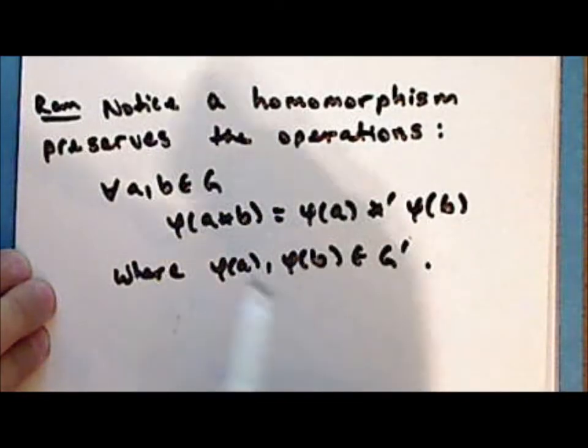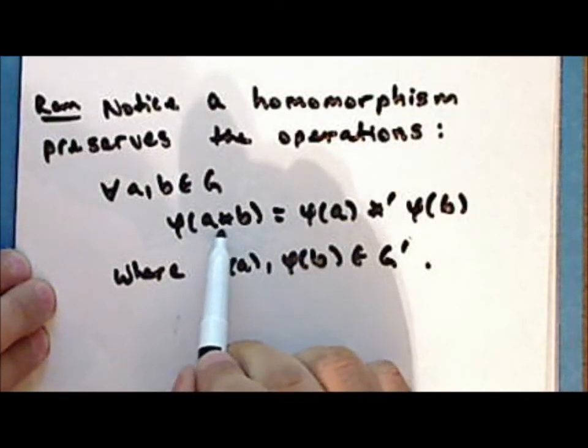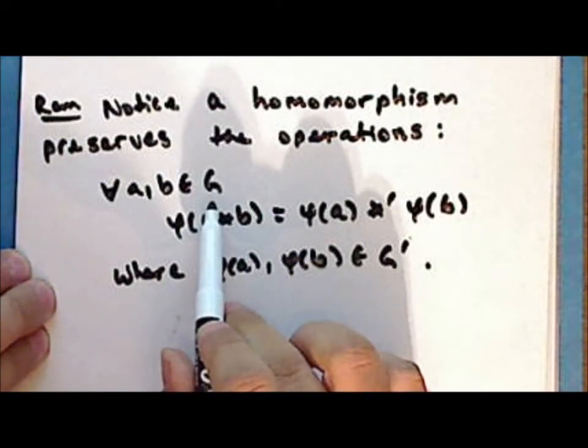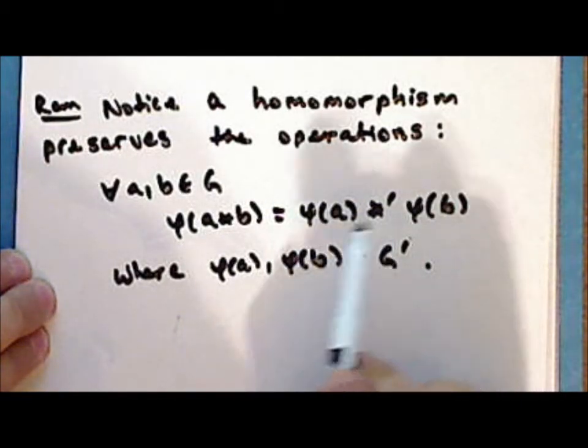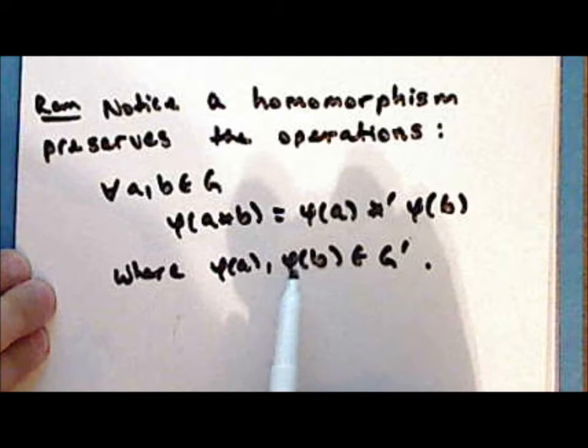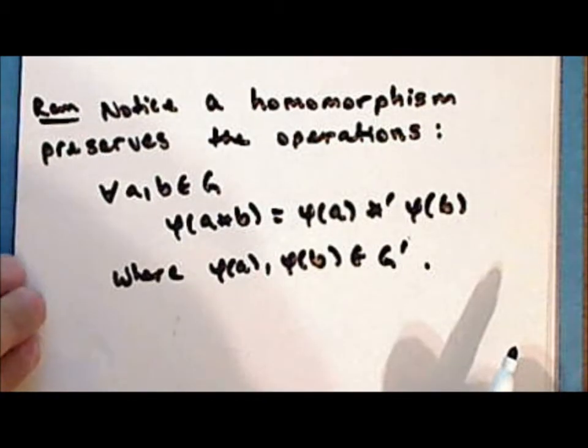In other words, performing the operation star on the elements A and B in the group G is the same as performing the operation star prime on the elements phi of A and phi of B in the group G prime.